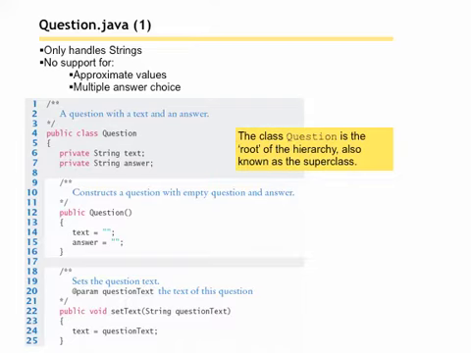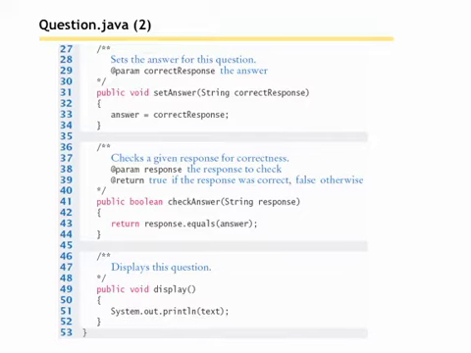That is the same method commenting style that they use on the AP exam. Continuing on with the Question class, we've got a setAnswer method that modifies or mutates the answer instance field. We've got checkAnswer that checks whether or not the user entered a correct response.